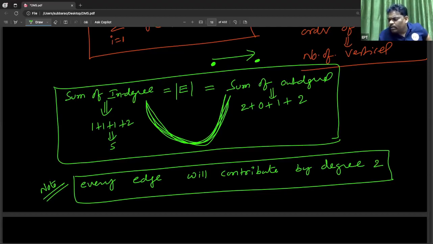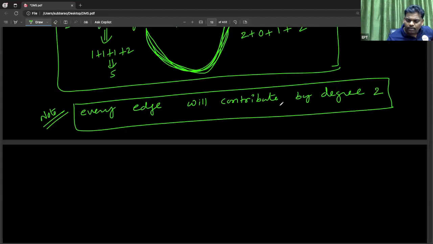If every time 2 is coming, total sum is even only. Even numbers, if you keep on adding, even only will come. 2 plus 2, 4. 4 plus 2, 6. 6 plus 2, 8. Even only will come. So I will write that also, only for namesake. Sum of degrees.